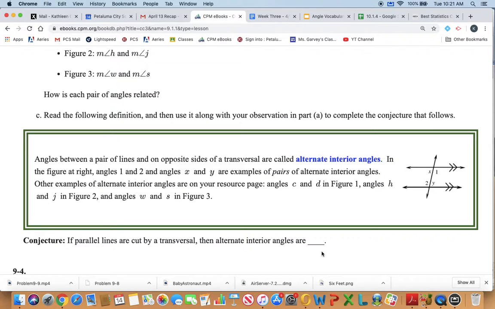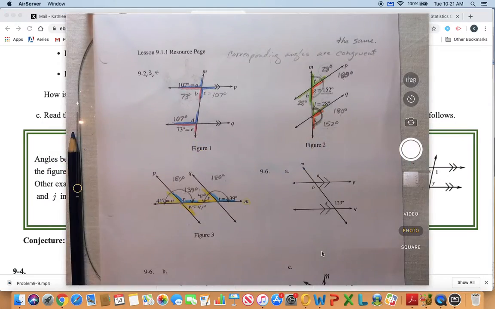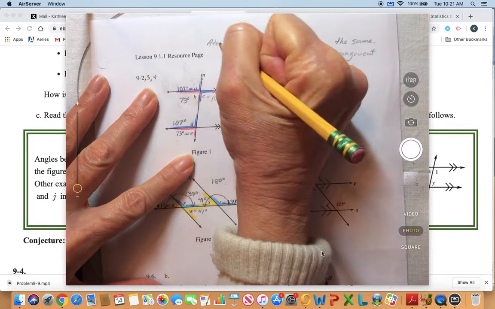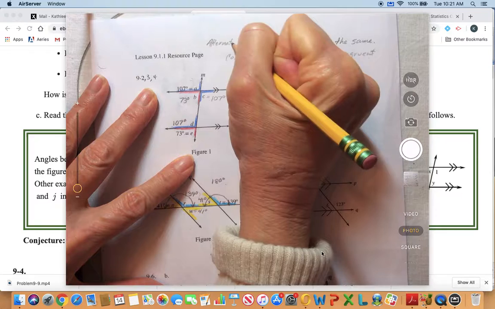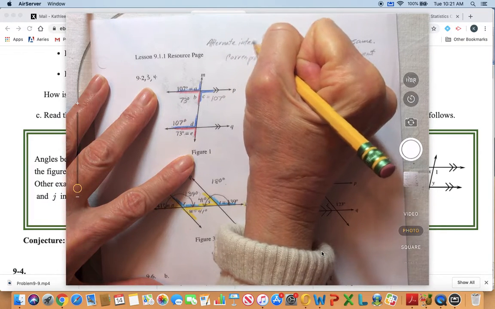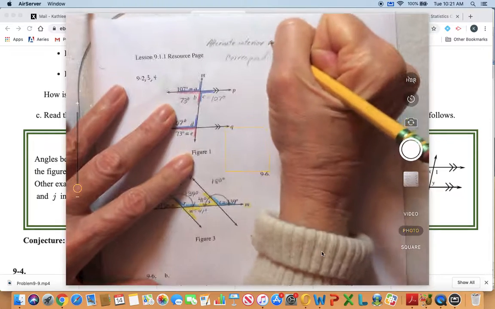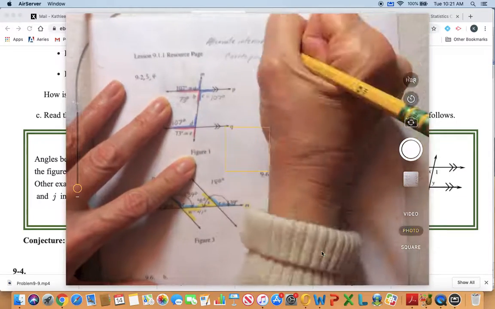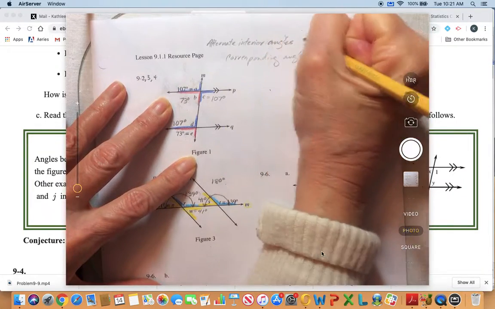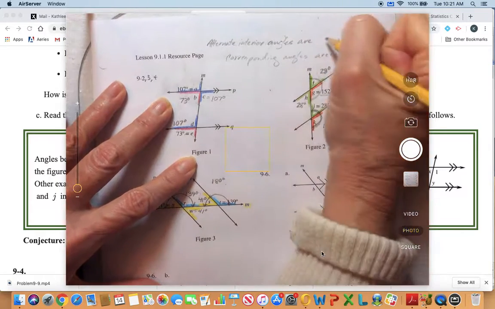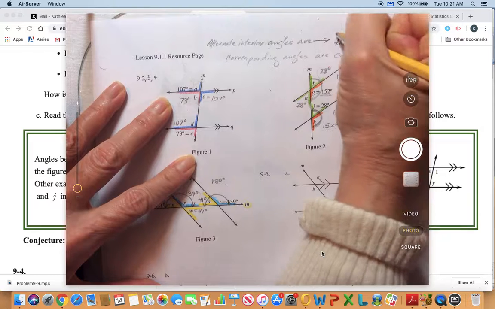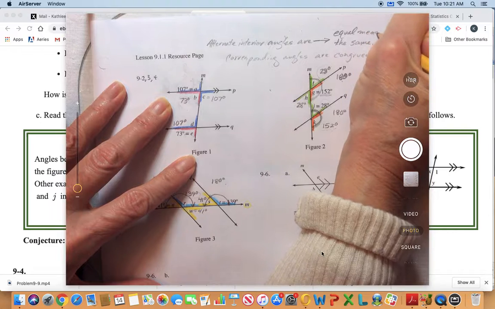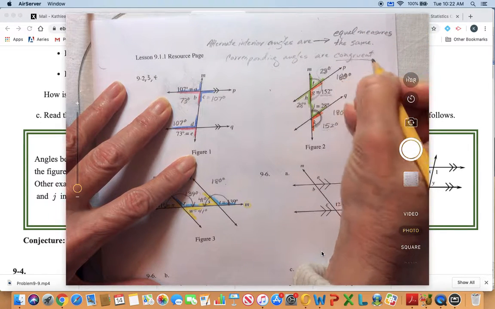So you should be thinking about the fact that alternate interior angles, and I'm going to write that up here, alternate interior, meaning inside the parallel lines, angles, are the same or equal measures, or another word for that is congruent.